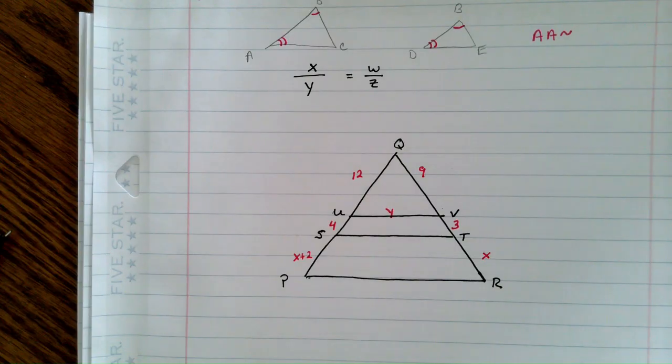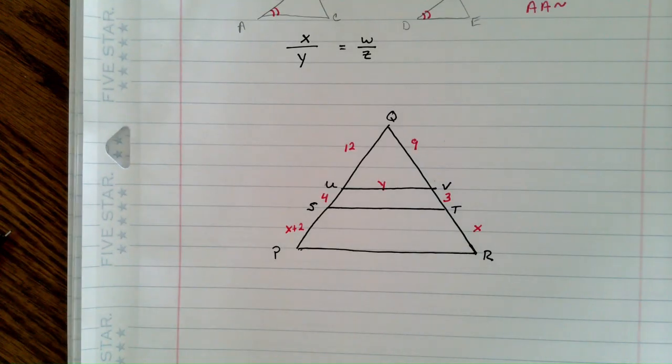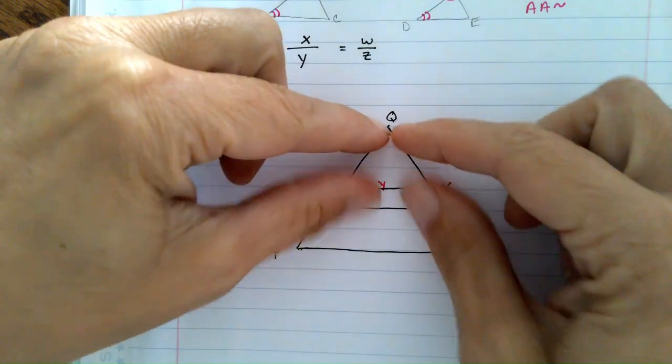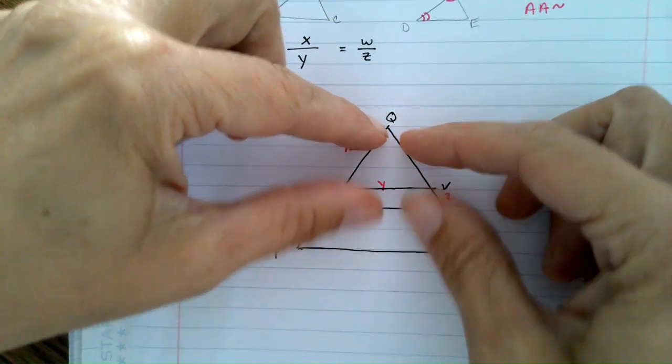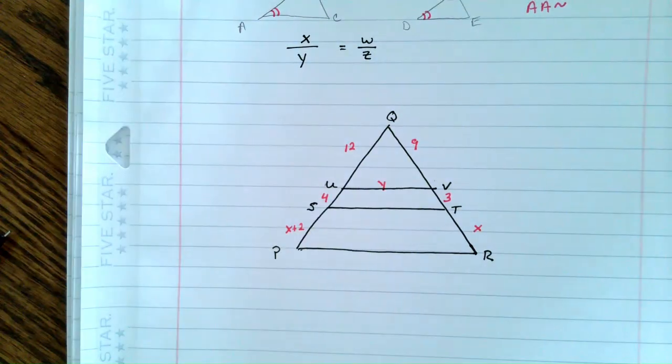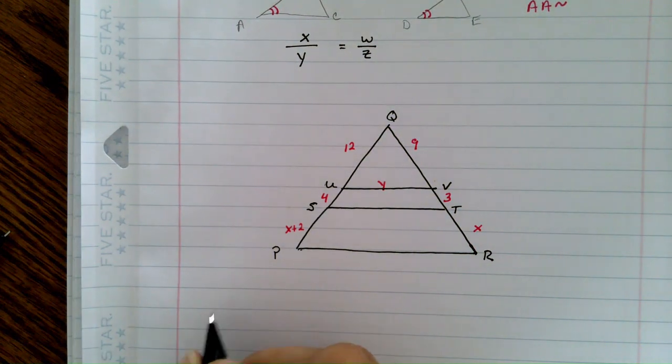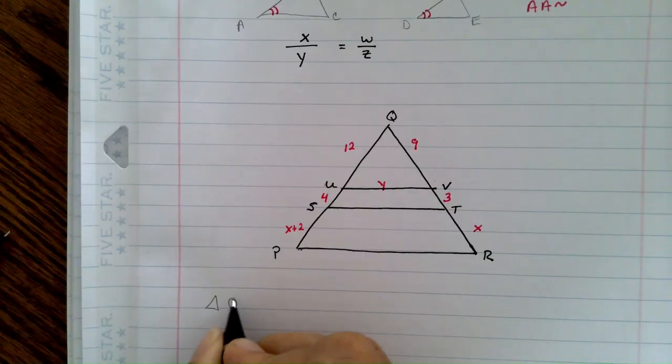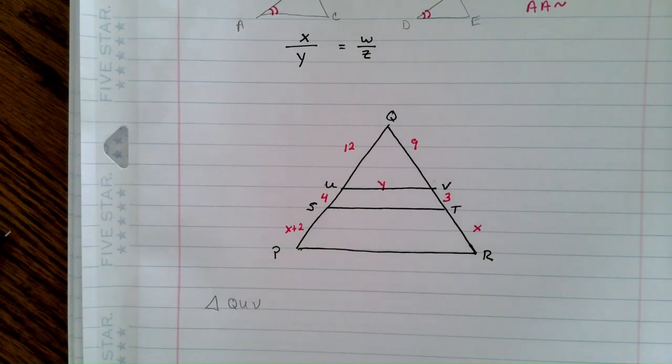So we're just going to look at smallest, biggest, right? Technically we have 1, 2, 3 triangles. First base, second base, third base. So I'm going to go with this. So we got triangle QUV, that would be the small one. Triangle QST.